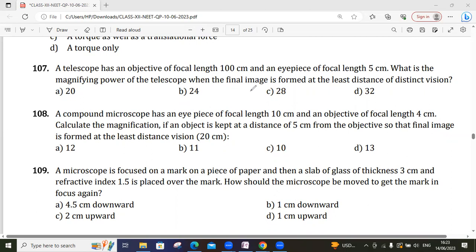What is the magnifying power of the telescope, and the final image is formed at least distance of distant vision.